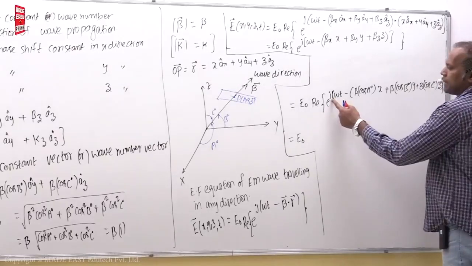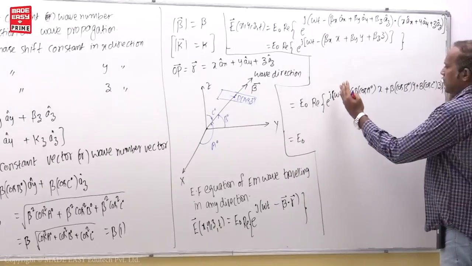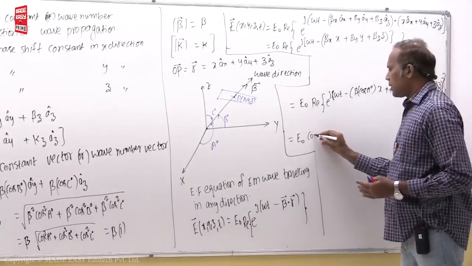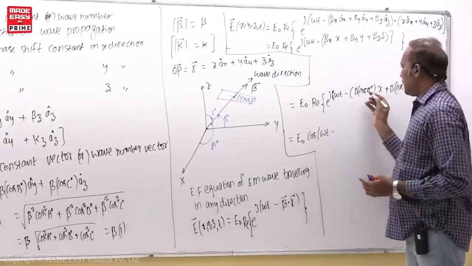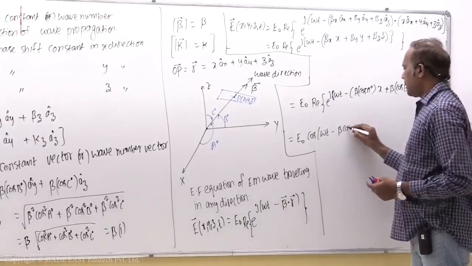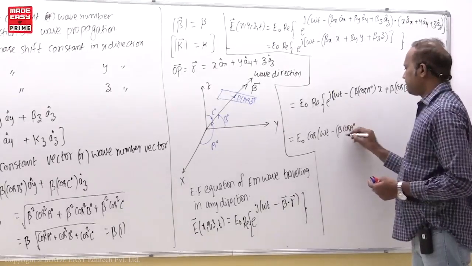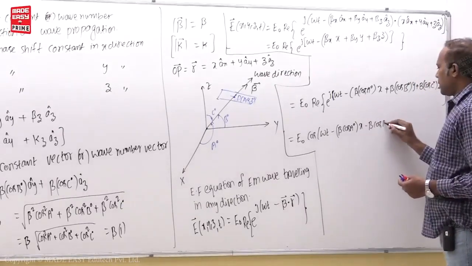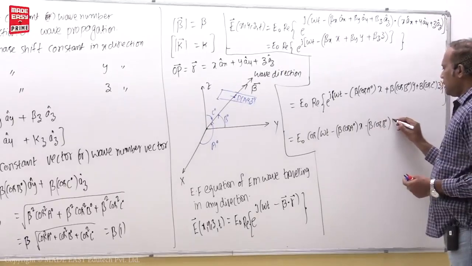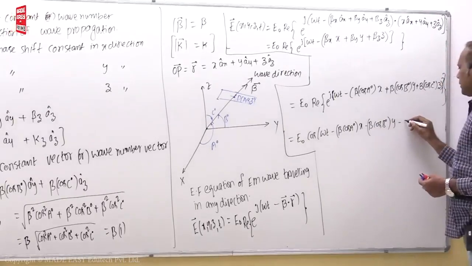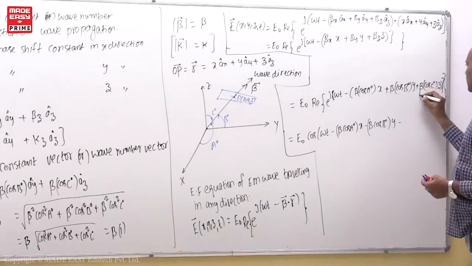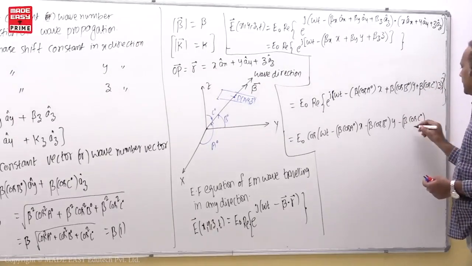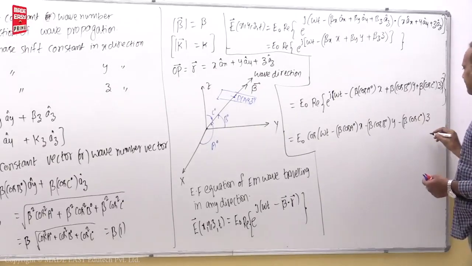If you take the real part, you get cos: E naught into cos of omega t minus beta cos a degrees into x, minus beta cos b degrees into y, minus beta cos c degrees into z.